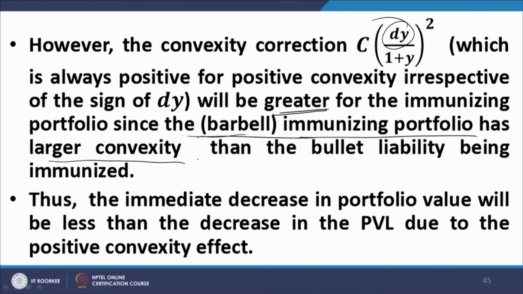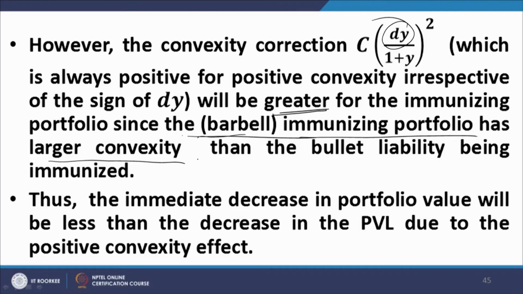So, because the barbell has larger convexity, it will outperform the bullet in terms of the price change, irrespective of the direction of the interest rate change.